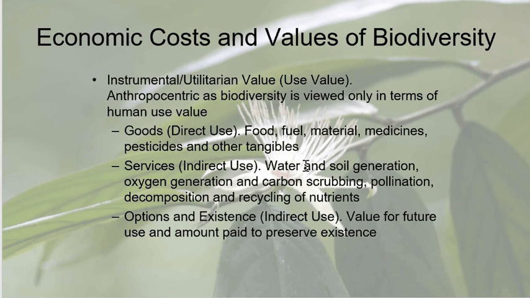There is another indirect use of biodiversity, which you must take into account also, and those are option and existence use of biodiversity. So option use is the value of biodiversity for future use. What that means is that biodiversity may not be used today, but it may be used in the future.